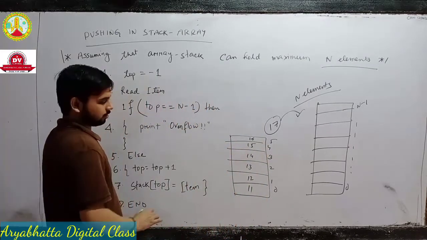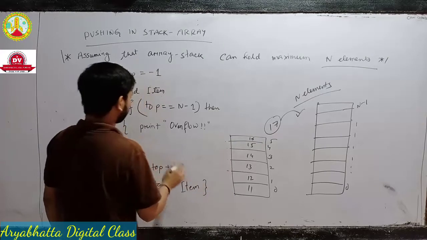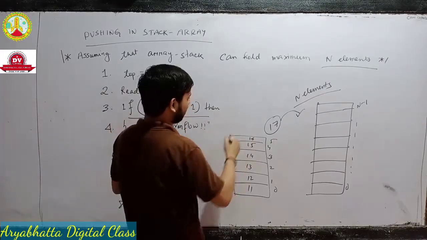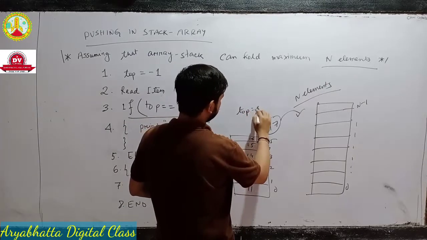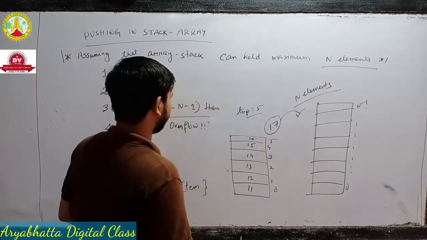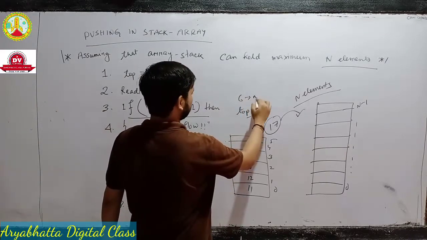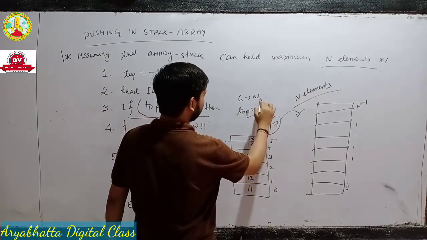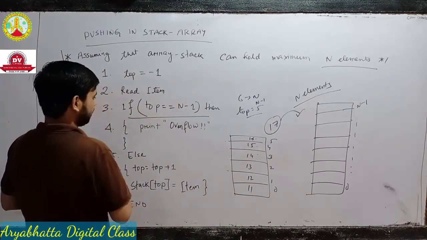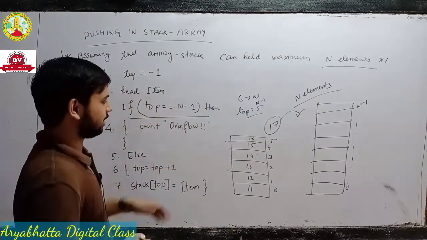Your stack is completely full. Means this line: top is equal to n minus 1. Means your top is equal to what? 5. Means how many elements? 1, 2, 3, 4, 5, 6 elements. If you take 6 as n, definitely top will be n minus 1. Understood?